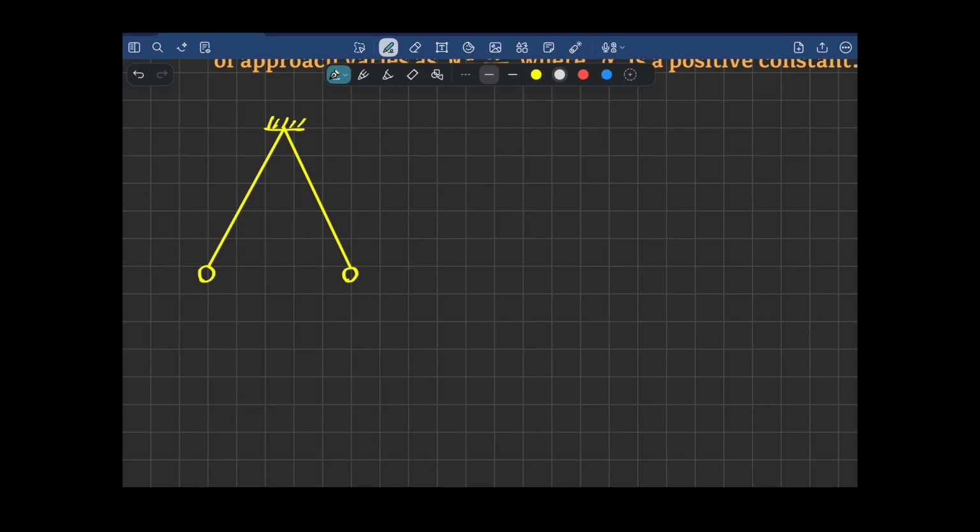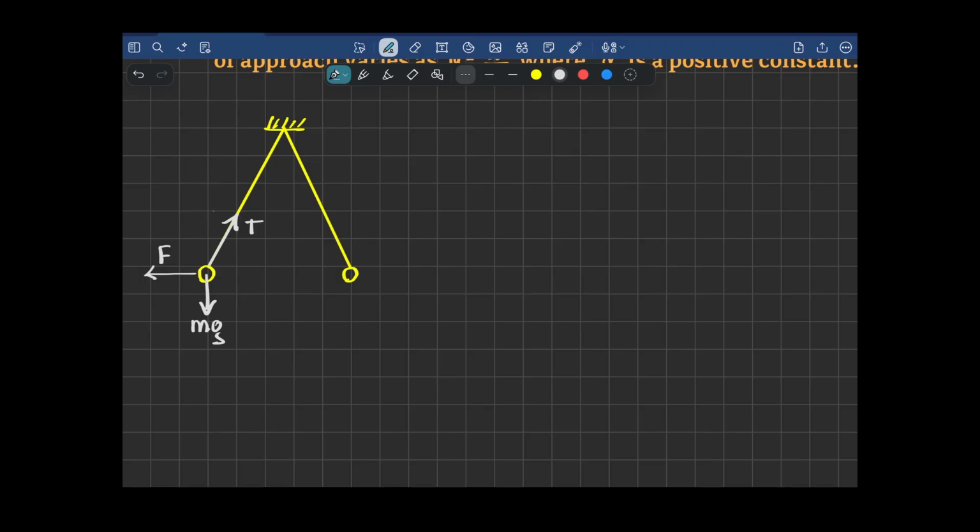So it experiences a downward force which is mg. There is an electrostatic force of repulsion because both are of same charge, so they will feel an electrostatic repulsion between them. This electrostatic force for now I am writing as F, and there will be a tension which is along the string here. This way there will be a tension.